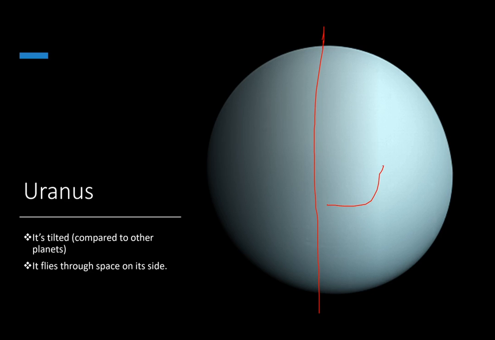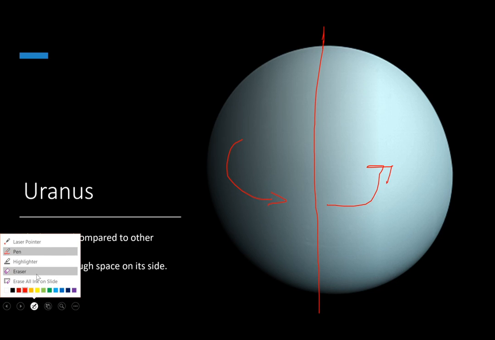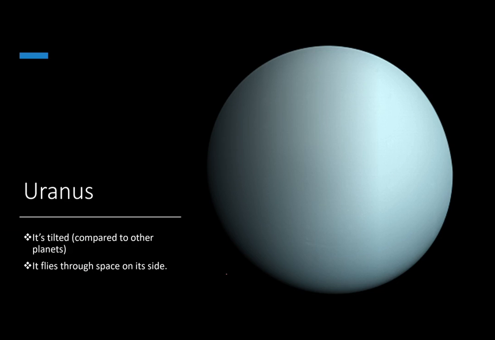Uranus, because it's tilted, is going to spin in a different direction. It's going to spin something like this, in this direction, tilted and spinning like that. That's the key difference between Uranus and the other planets.